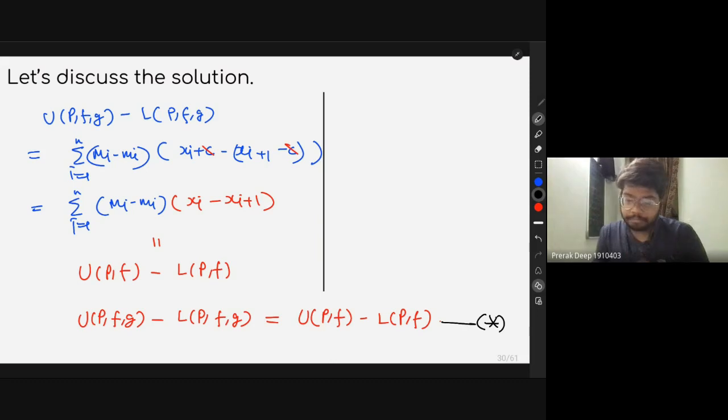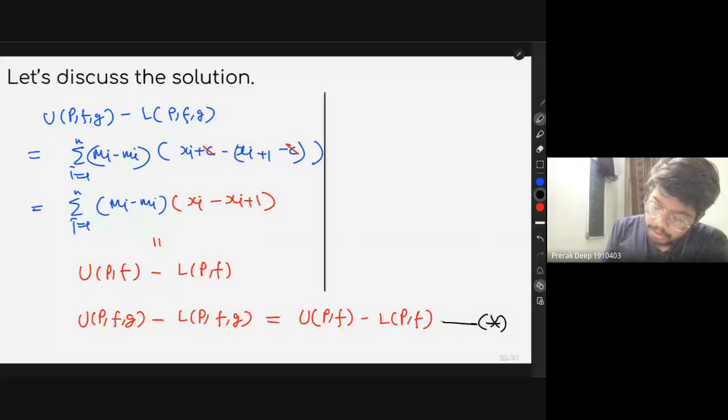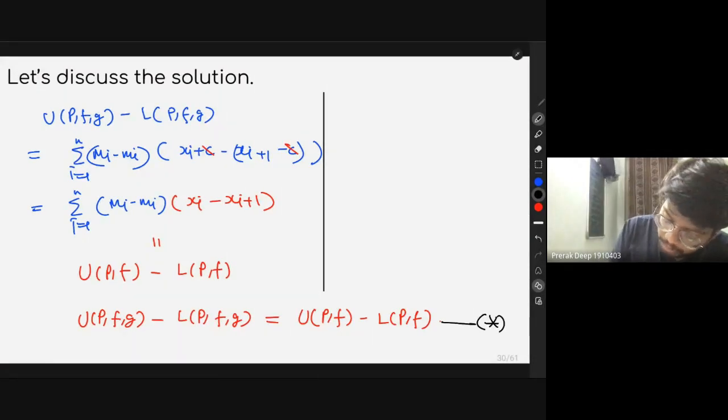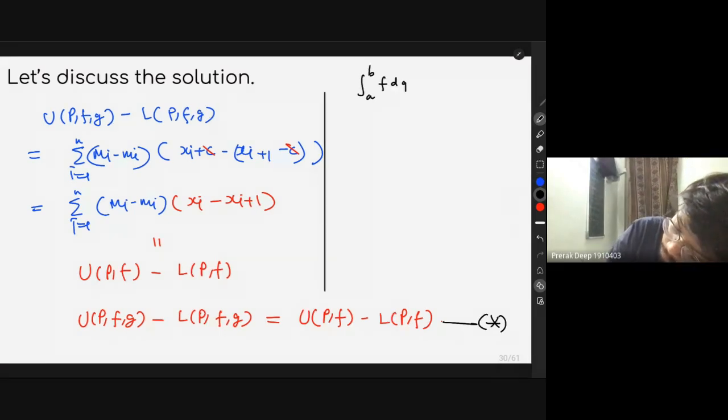Suppose the left hand side integral exists.